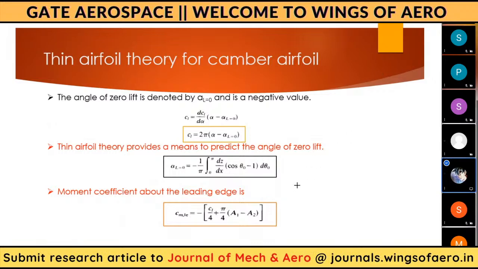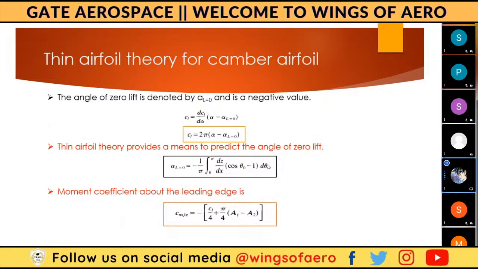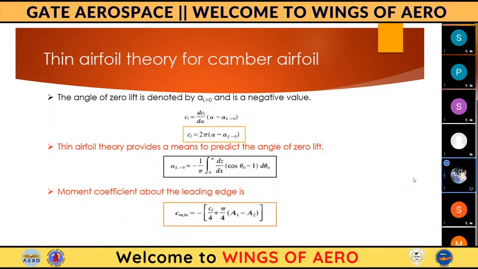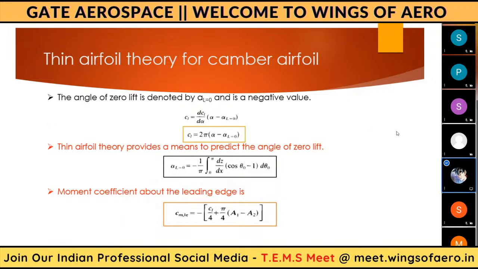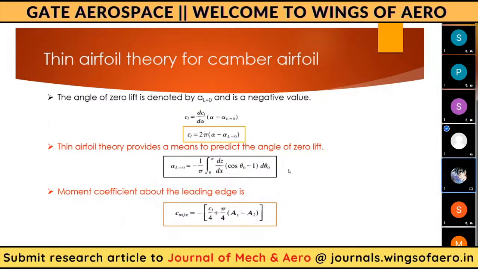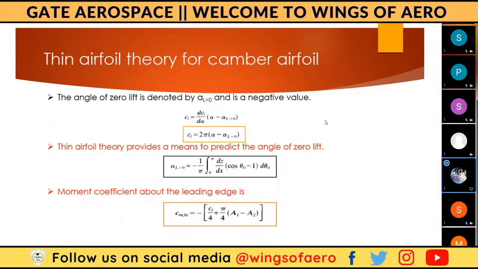Now please substitute the dz by dx value like this. See, first alpha L equal to 0 equal to minus 1 by pi integral of 0 to pi. First we need to put 0 to 1.36, then integral 1.36 to pi.